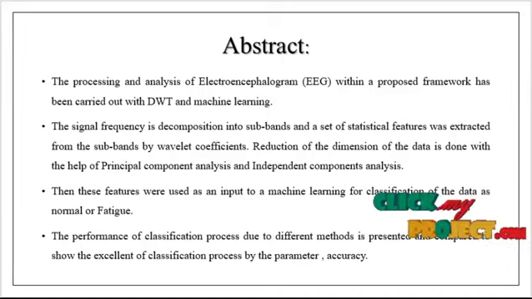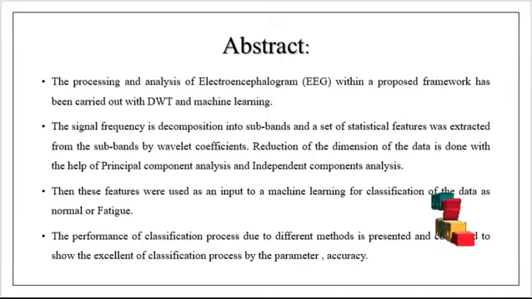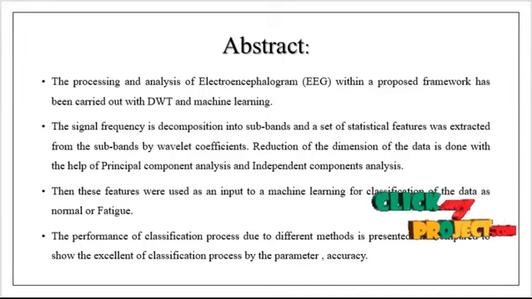The signal is decomposed into sub-bands like alpha, beta, gamma, theta and delta, and a set of statistical features is extracted from the sub-bands by the wavelet coefficients, that is the discrete wavelet transform. After that, the dimension of the data is reduced with the help of principal component analysis, that is PCA, and independent component analysis, that is ICA.